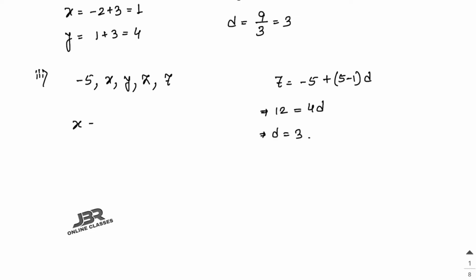So as D equals 3, x equals -5 plus 3, that is -2, y equals -2 plus 3, that equals 1, and z equals 1 plus 3, that equals 4.